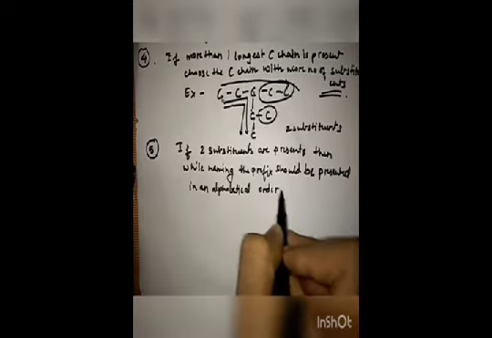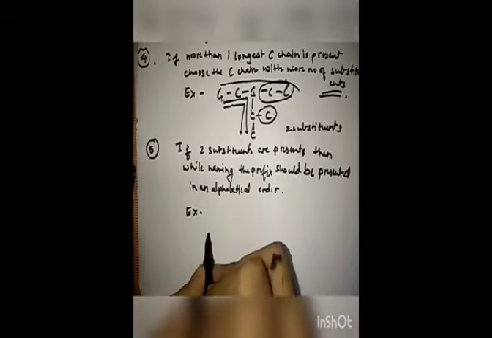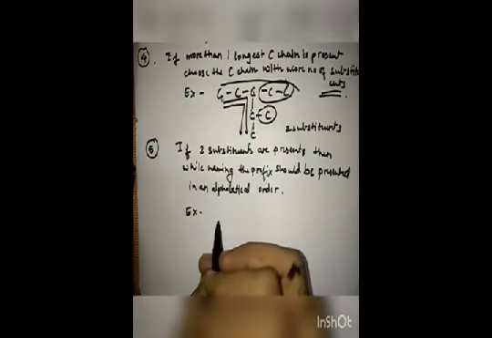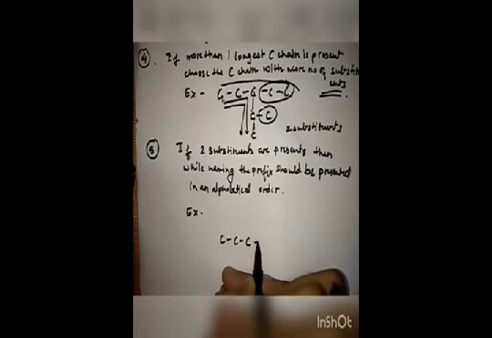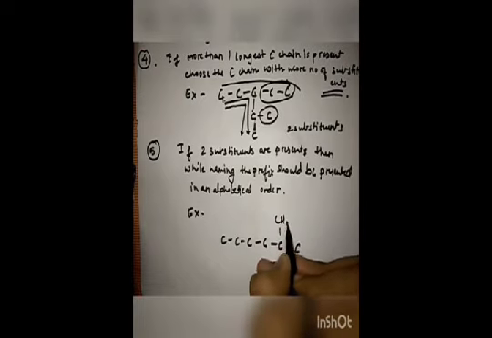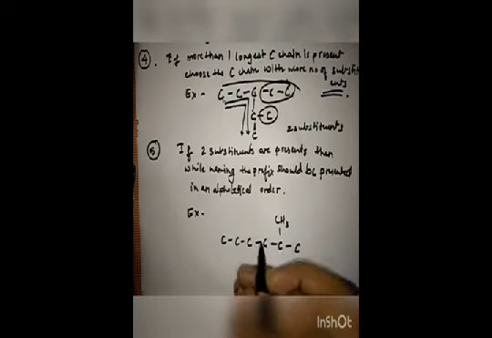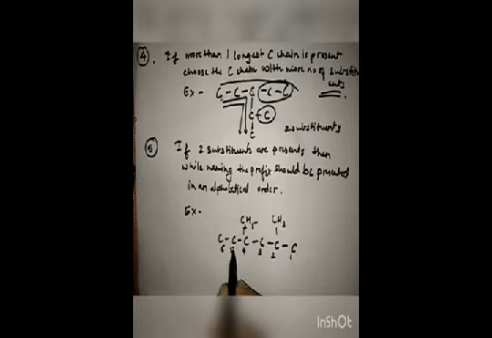For example, if I take this one only from the third one. Third rule. This is just a continuation of the third rule, okay? We first will number the longest carbon chain. 1, 2, 3, 4, 5, 6.